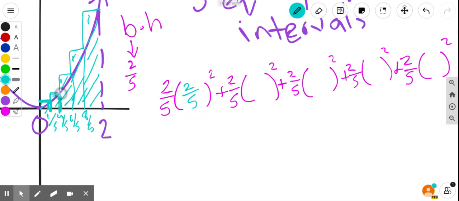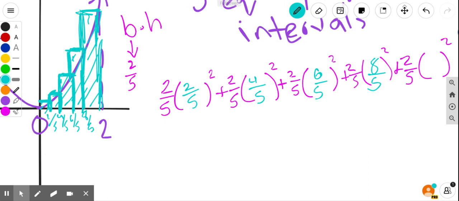The other one would be from the 4/5 going over and then back down to draw it out. And the next one would be that 6/5 going up, then over and completing that rectangle there. Then the 8/5 goes straight up, goes straight over, then comes down to build that rectangle. And the last one goes from here all the way up to this endpoint, goes all the way over, and then comes all the way down. So that'd be 2 squared.